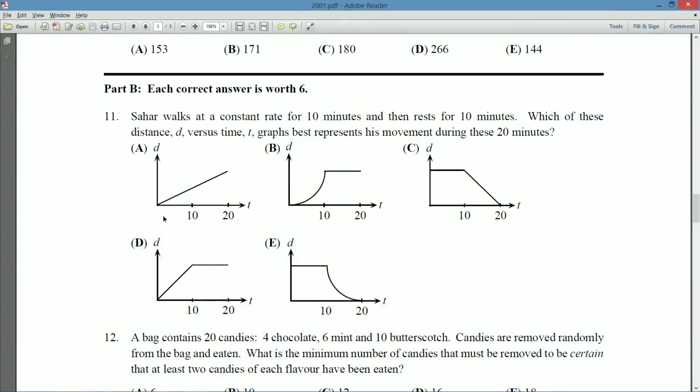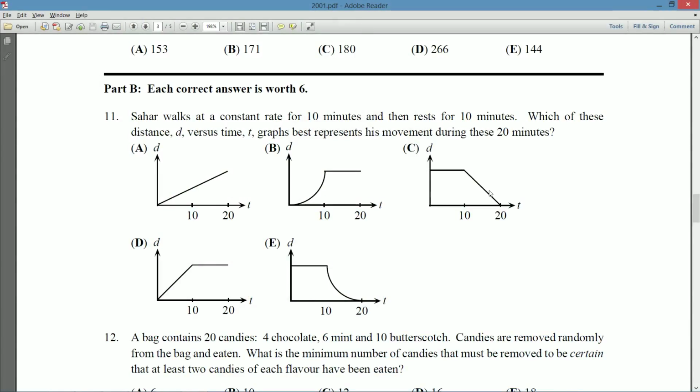The first 10 minutes is up till 10, and the second 10 minutes is from 10 to 20. So here we have a constant line in B, and so a constant line from 10 to 20. So B could potentially be the right graph. C would not be because it's not a constant distance. Our distance isn't resting.